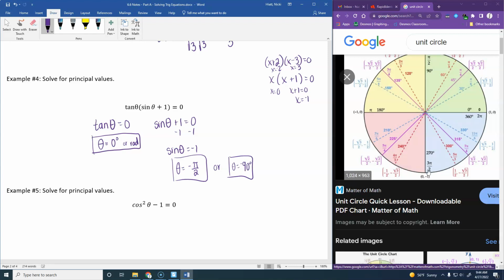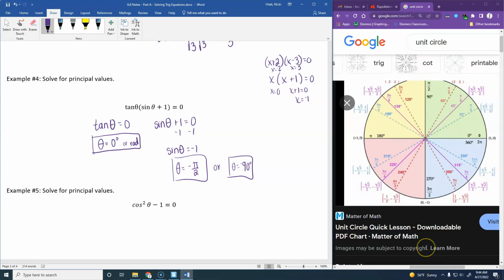So you get two answers for this problem. You get 0 and you get negative pi over 2. Like two actually different answers, not just one in radians and one in degrees. Questions?